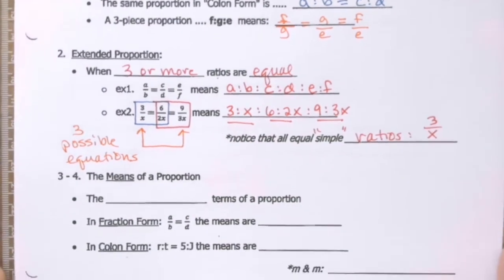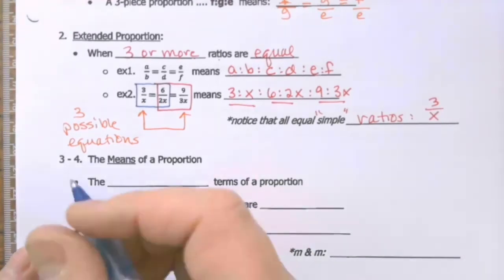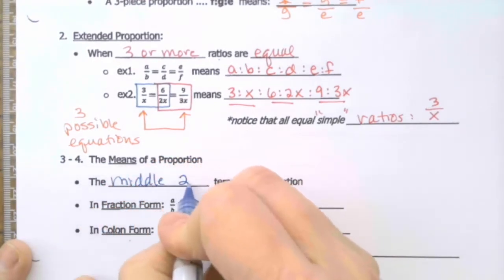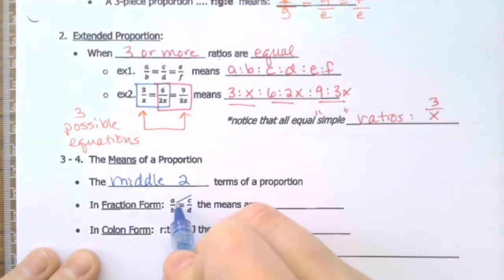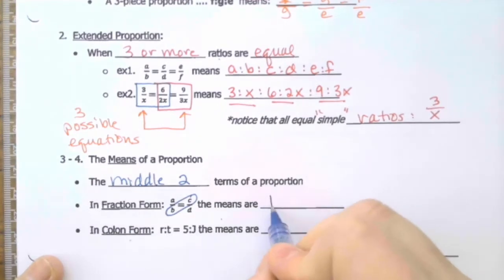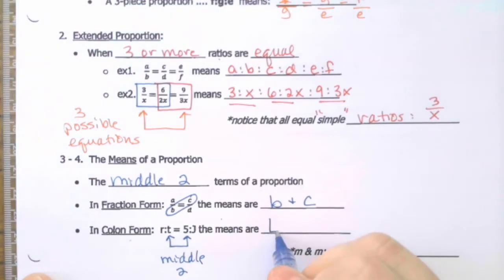Okay, moving on. The means of a proportion. The means are the middle two terms of a proportion. In fraction form, the middle two are those two, in other words, B and C. In colon form, it really is the middle two, which in this case is T and 5.